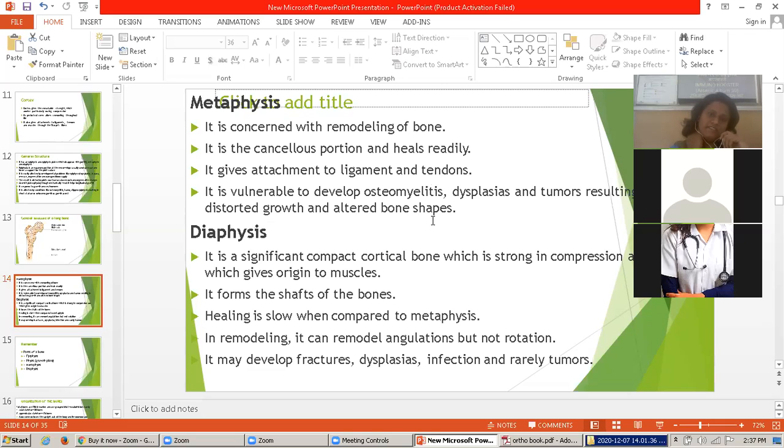So the metaphysis has an important role in the remodeling of the bone.